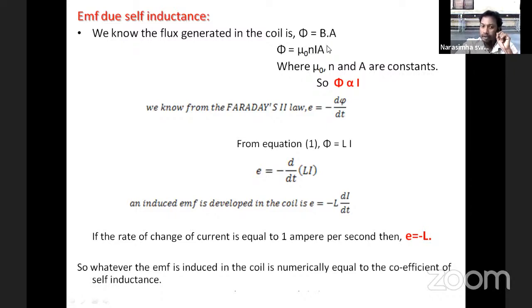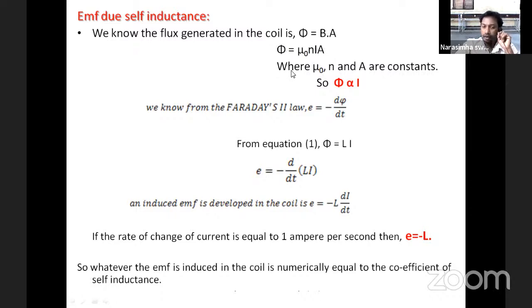In this expression, mu naught is constant, the number of turns is fixed, and the area of cross section is fixed. What is changing is I. If I changes, phi also changes; if the current increases or decreases, the magnetic field also changes.